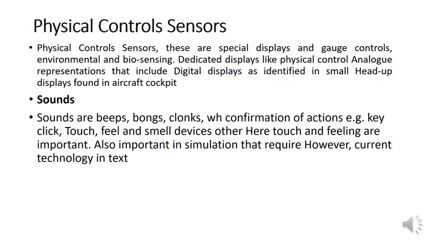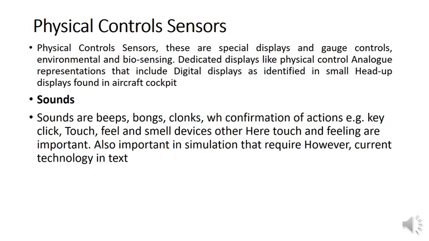Then sound. Sounds are beep, bong, clunk, confirmation of action, e.g. key click. Touch, feel, and smell devices. Other ear, touch, and feeling are important. Also important in simulation that requires it, however, with current technology.